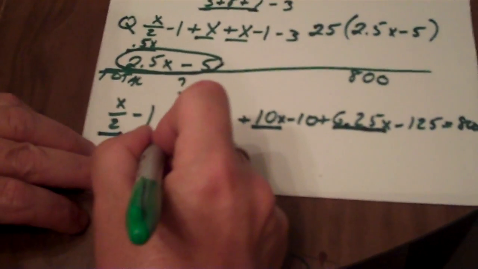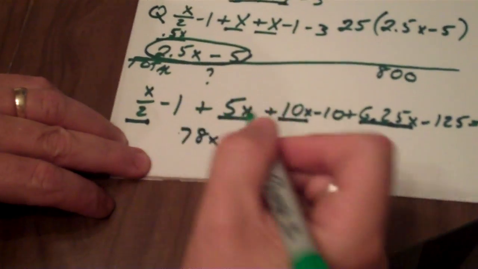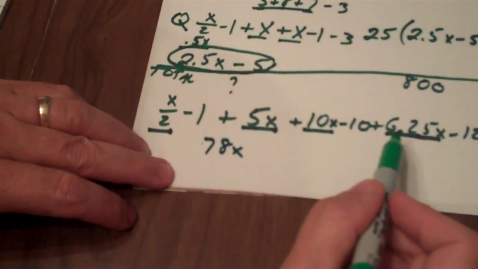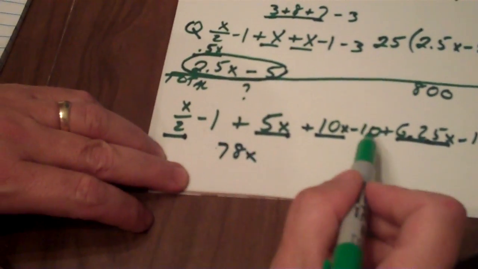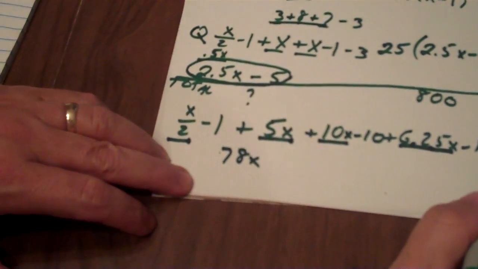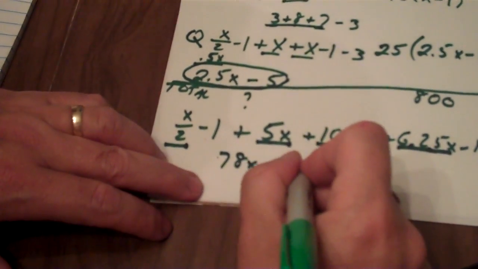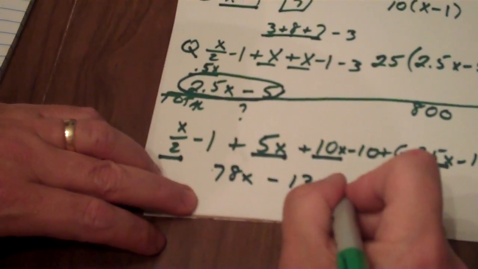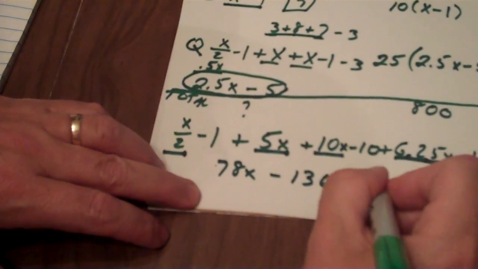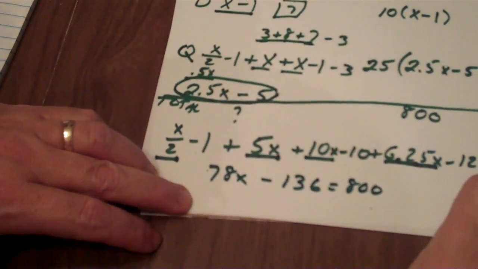Gives me a total of 78x. And if I combine my numbers, I've got a minus 1, a minus 10, and a minus 125. That gives me a total of minus 136. And again, I still have 800 on the right side of my equation.